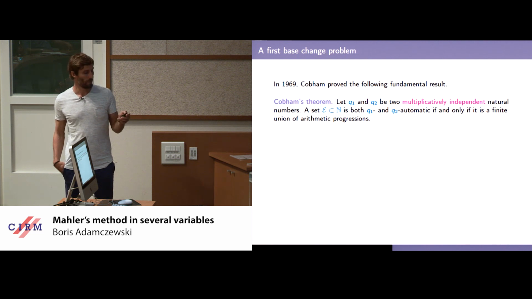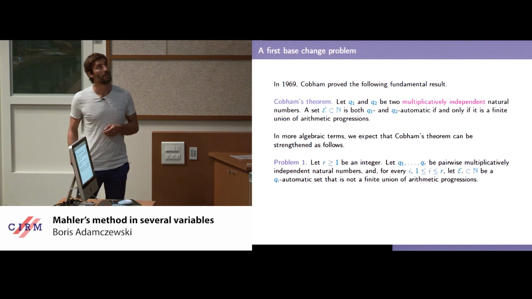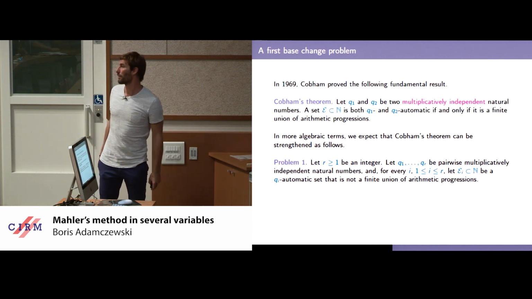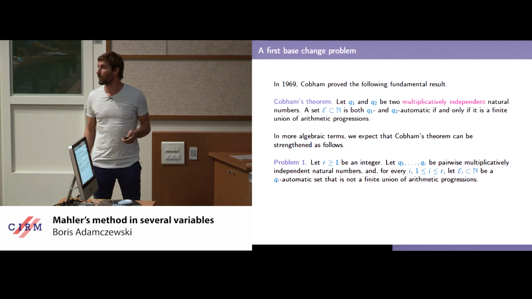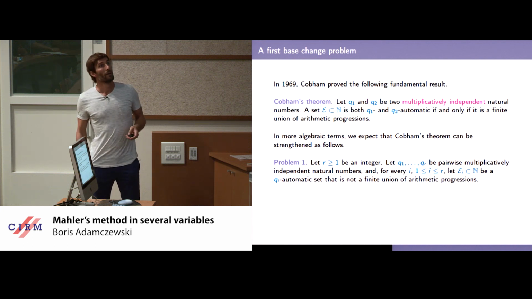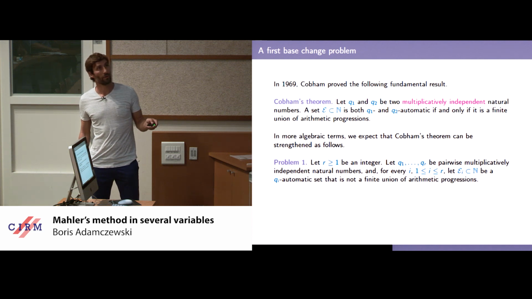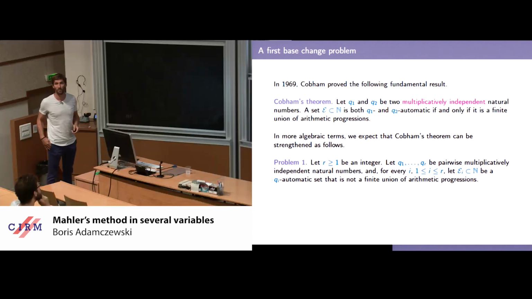So the first problem I'm interested in is a kind of stronger version of Cobham's theorem, but written in more algebraic terms. We consider several pairwise multiplicatively independent natural numbers and several automatic sets, none of which is trivial, so none can be written as a finite union of arithmetic progressions.